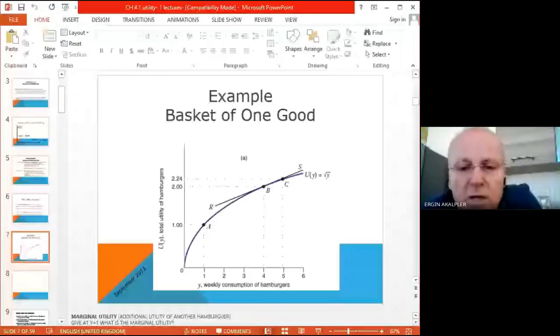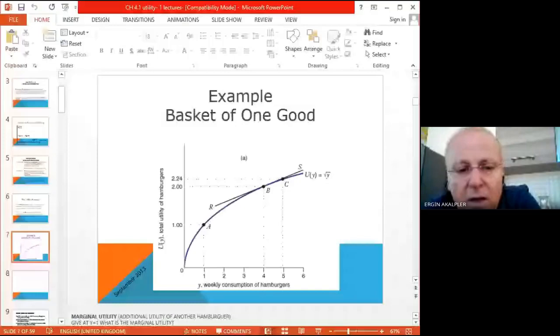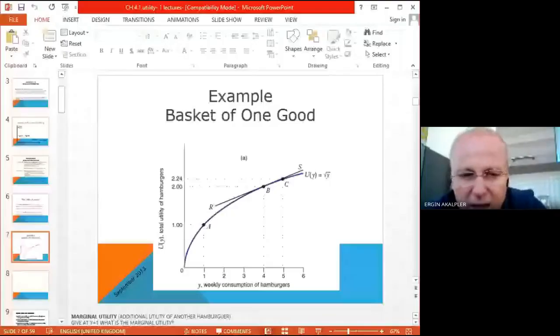As you see, the utility function here is the square root of y, and as much as we are increasing our consumption of hamburger, the marginal utility is going to decrease. As you see, 1 is higher, goes to 2, which is a higher level, and after 2, probably two pieces of hamburger you can consume with similar utility, but after the second it's going to be reduced.